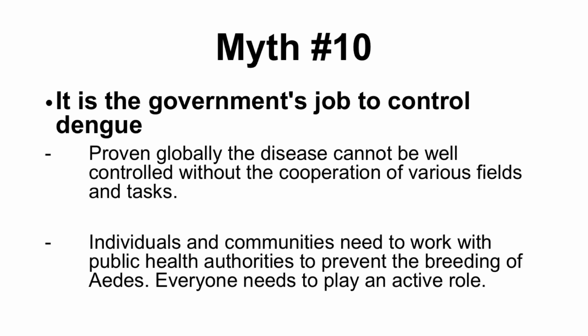We as government servants, as healthcare providers, have the job to control dengue, but it is proven globally that this disease cannot be prevented or controlled well if there is no cooperation from various fields, including individuals and communities. And actually, with the help of individuals and communities, we can prevent more people from getting dengue fever.